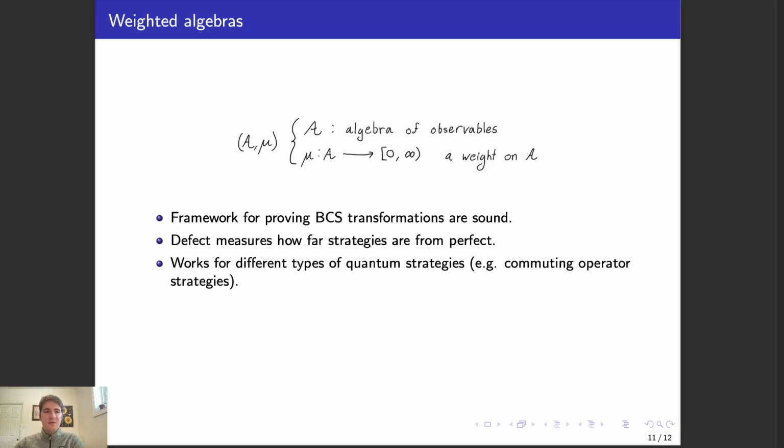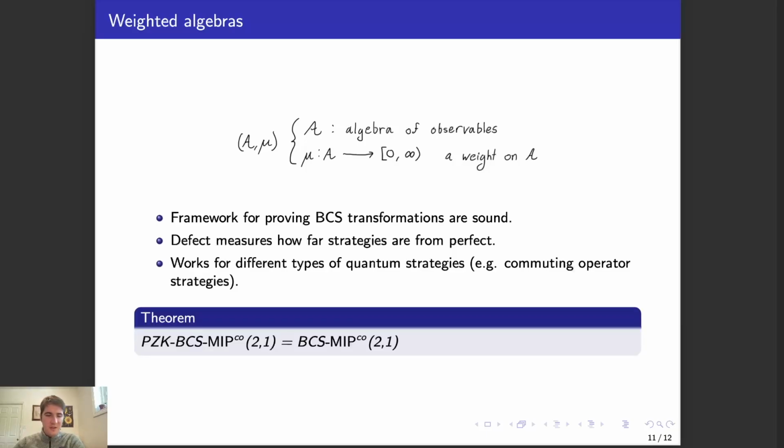An advantage of the weighted algebra formalism is that it works for different types of quantum strategies. For example, for commuting operator strategies, we can prove this theorem that perfect zero-knowledge BCS MIP-CO, that is MIP with commuting operator entanglement, with 2 provers and 1 round of interaction, is equal to BCS MIP-CO with 2 provers and 1 round of interaction.